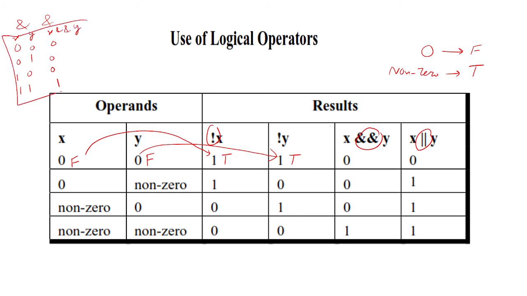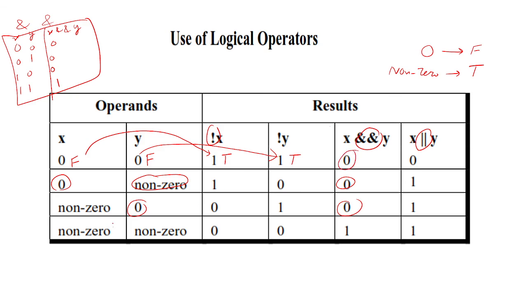As we have studied in the AND gates, it does the same work here. In the case of non-zero we are taking it as 1 here. In this case it can be any number. So in the case of any 1 0 here, we have the value 0.